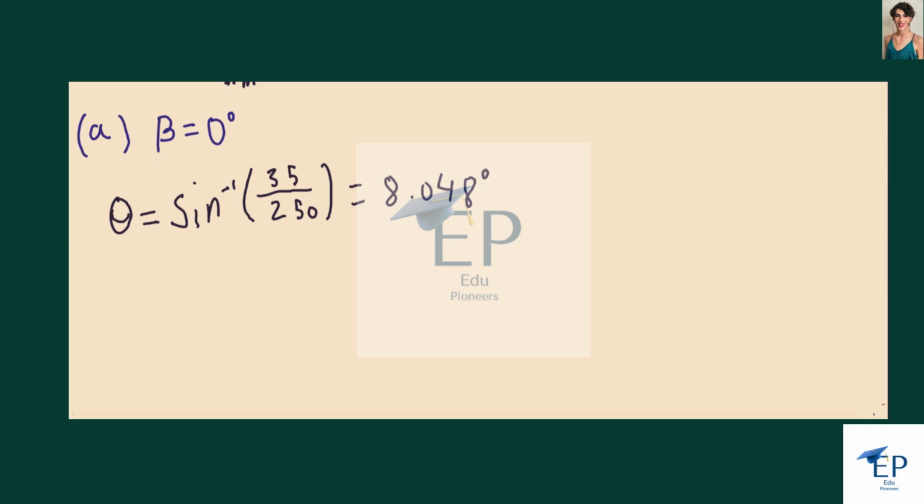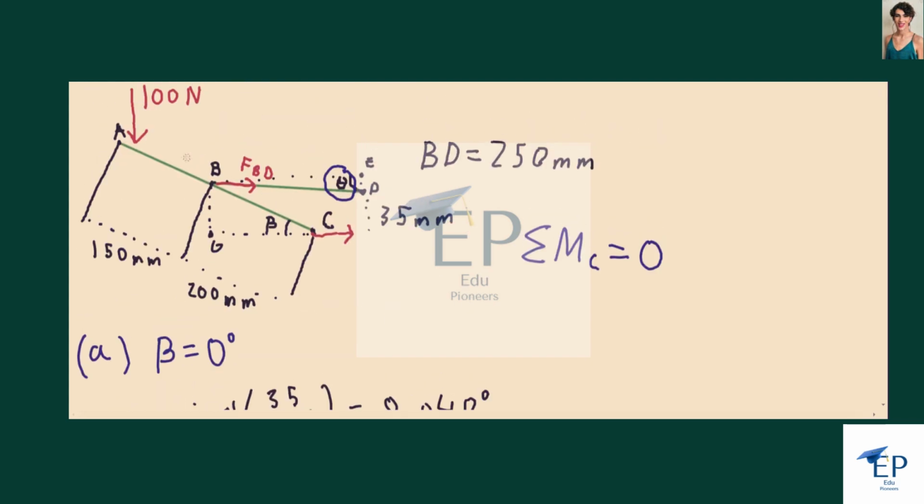And next we're going to use the expression that the sum of moments about point C is equal to 0. When beta is equal to 0, this incline here is going to be flat.